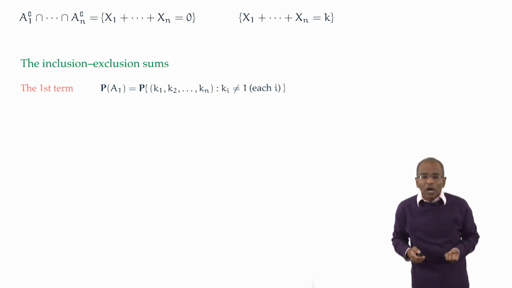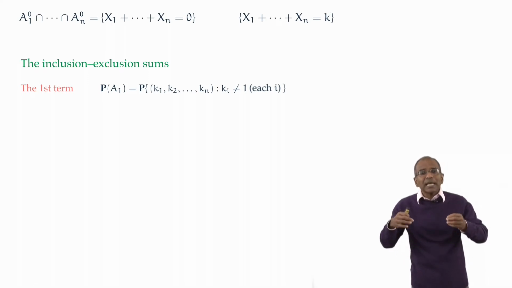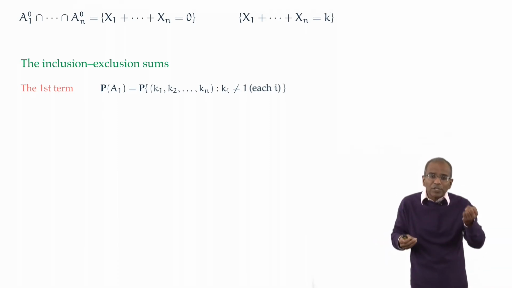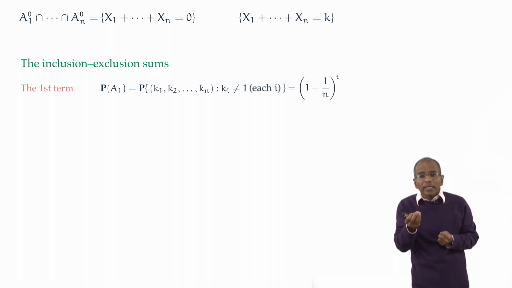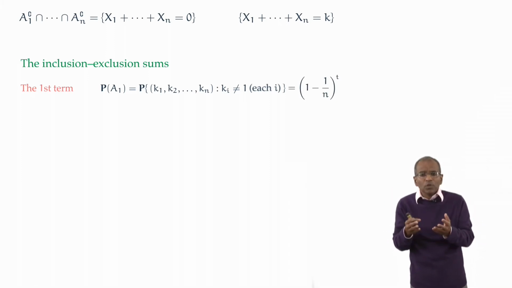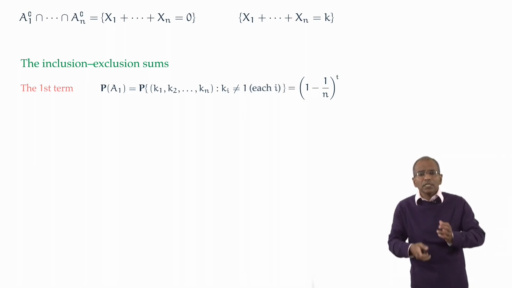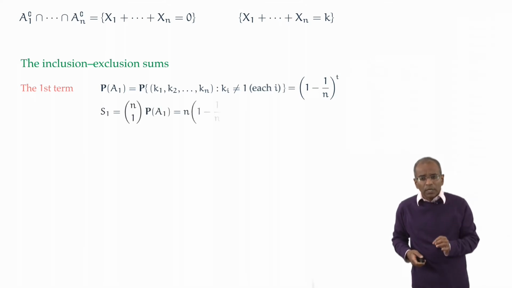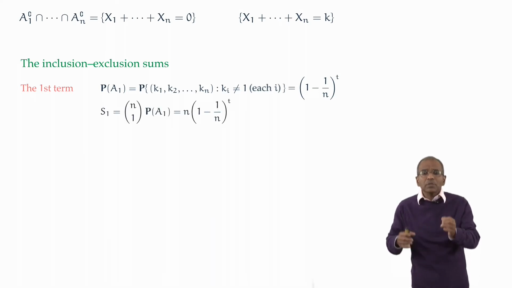By independent trials, the probability that in t independent trials we do not acquire the first coupon is 1 minus 1 over n to the power t. Of course, this argument is impeccable for any of the coupons by the symmetry inherent in the problem, and therefore the first inclusion-exclusion sum S1 is simply n times 1 minus the reciprocal of n to the power t.